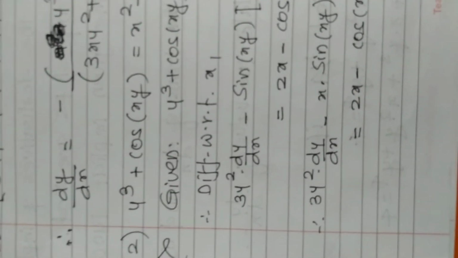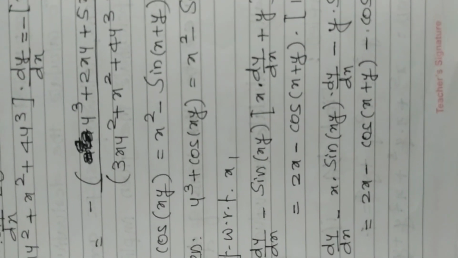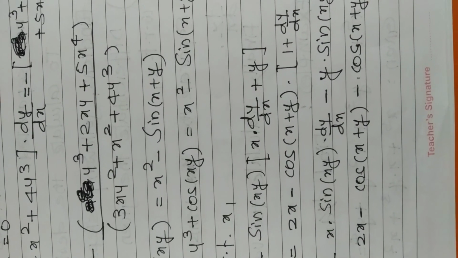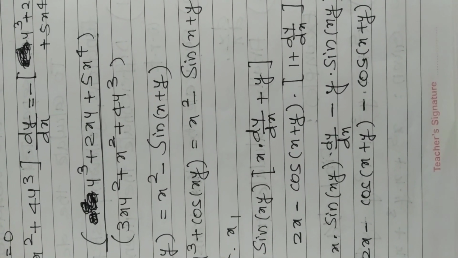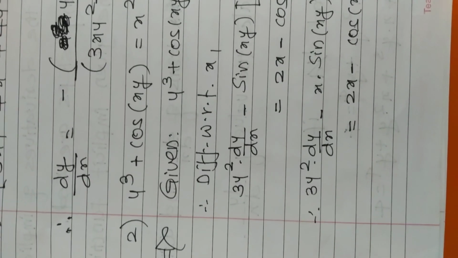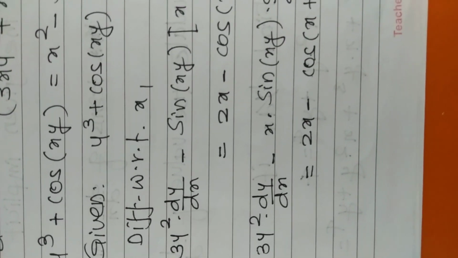Next, the second example: y cube plus cos xy equals x square minus sine of x plus y. Again differentiate with respect to x.